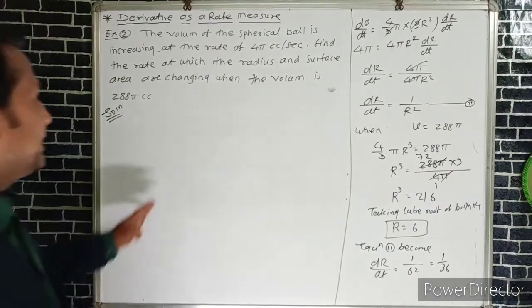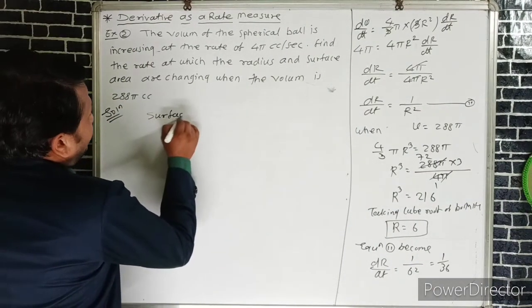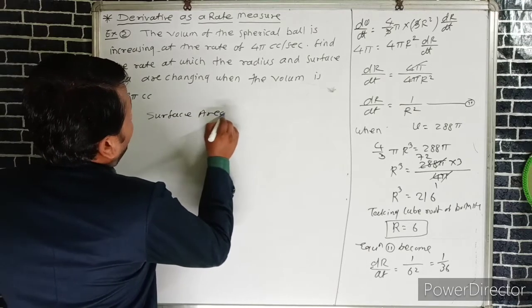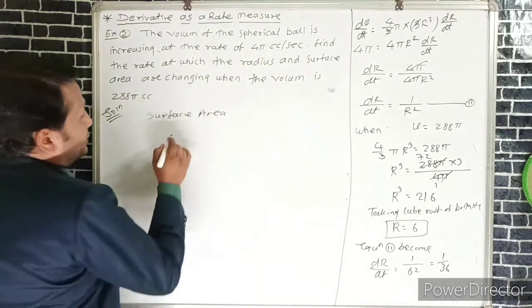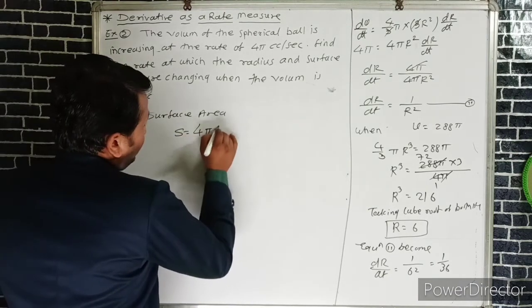So we know that S be the surface area, and the surface area of a spherical ball is S equal to 4 pi r square.